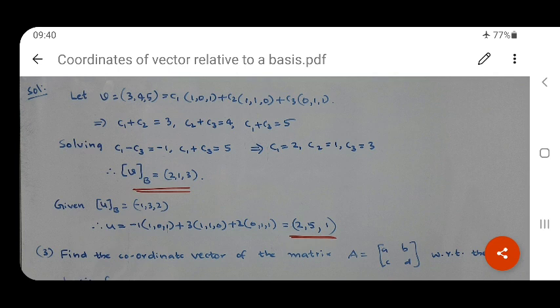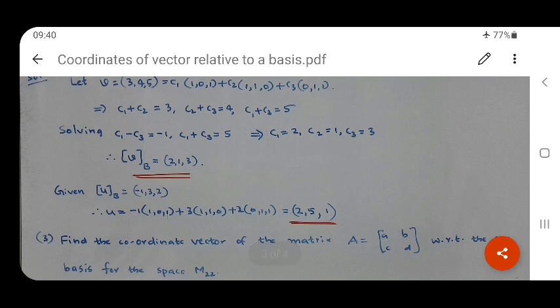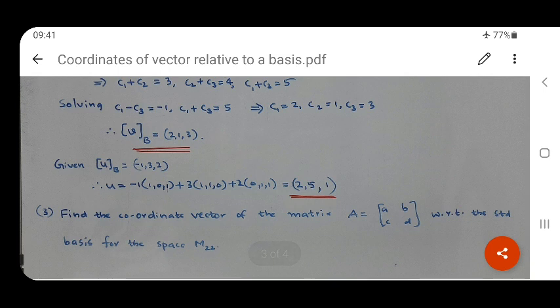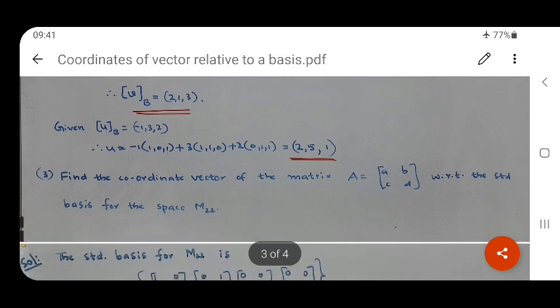And given the coordinate vector of u is (-1, 3, 2), it means -1 is the coefficient of the first basis element (1,0,1), 3 is the coordinate of the second basis element (1,1,0), and 2 of that of (0,1,1). Therefore, u is -1 into (1,0,1) plus 3 into (1,1,0) plus 2 into (0,1,1). So that is the vector (2, 5, 1).